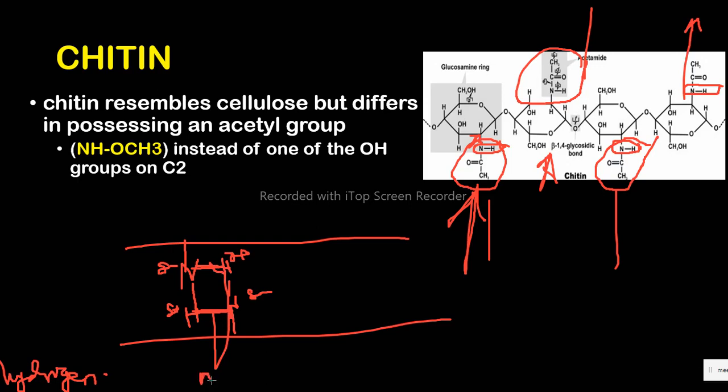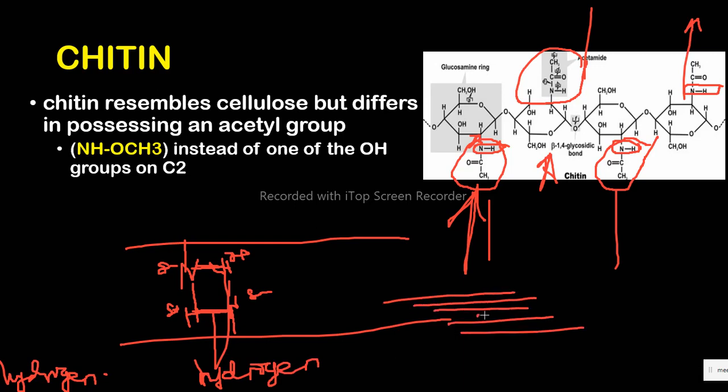These are hydrogen bonds. They will be formed between two adjacent groups. And so as a result, it will also end up having that parallel structure that resembles the structure of cellulose.